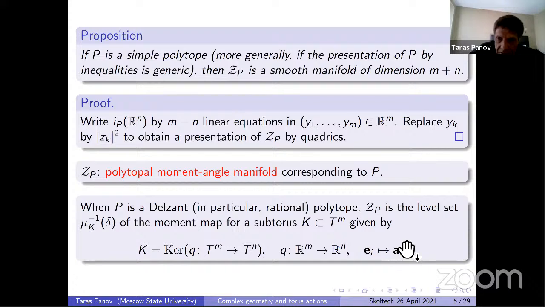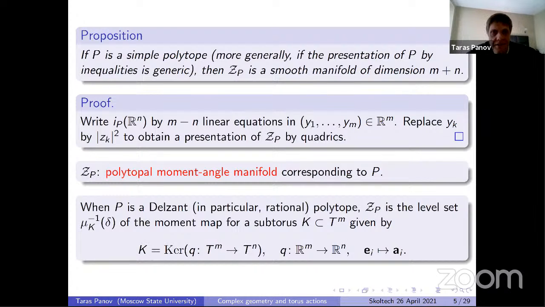Those things are rational, and therefore this is actually a closed subgroup. But from this definition, it doesn't have to be rational. If it happens to be rational with this extra Delzant condition, then it has a meaning in terms of symplectic quotients.